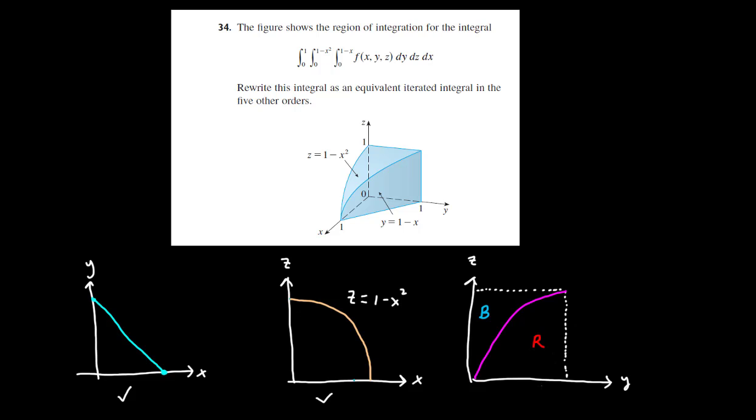So the blue has a bottom and a different top than red. Red has the same bottom but a different top, so you'd have to break that down accordingly. So be prepared to discuss this one in class, but definitely take the time to break this integral down to the 6 combinations of dy, dz, dx.